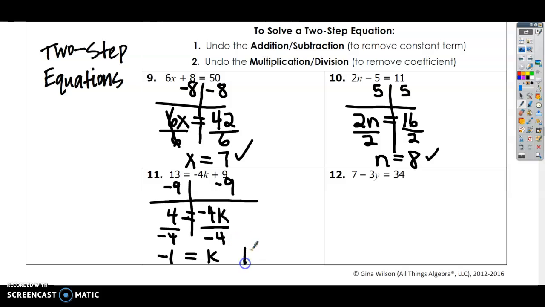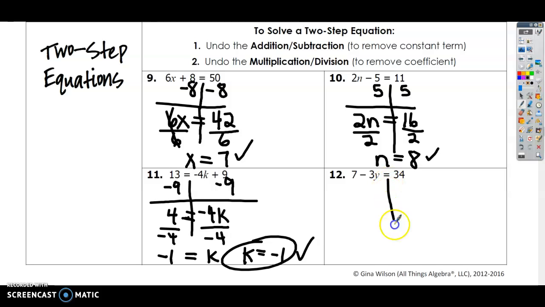So you can rewrite that with the variable on the left, k equals -1. All right, when you do that, plug it in and check it. -1 times -4 is +4. 4 plus 9 is 13.